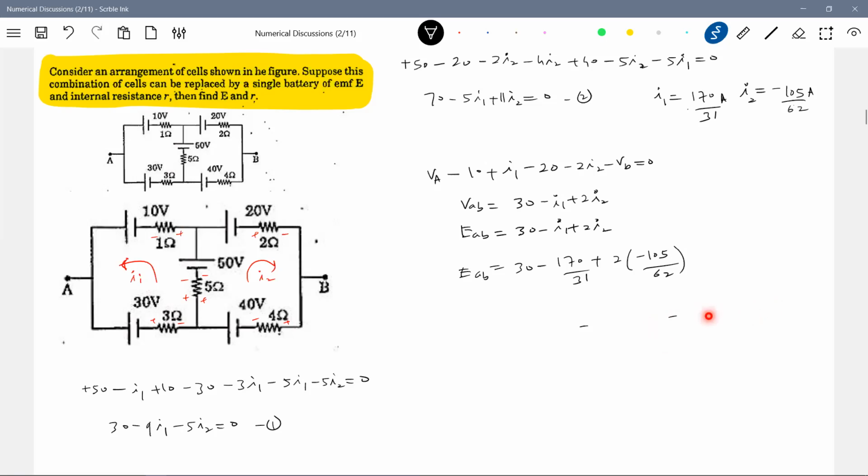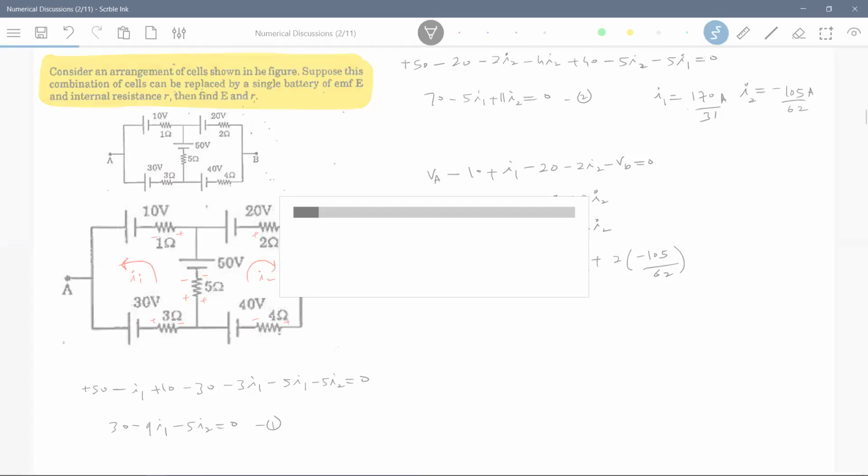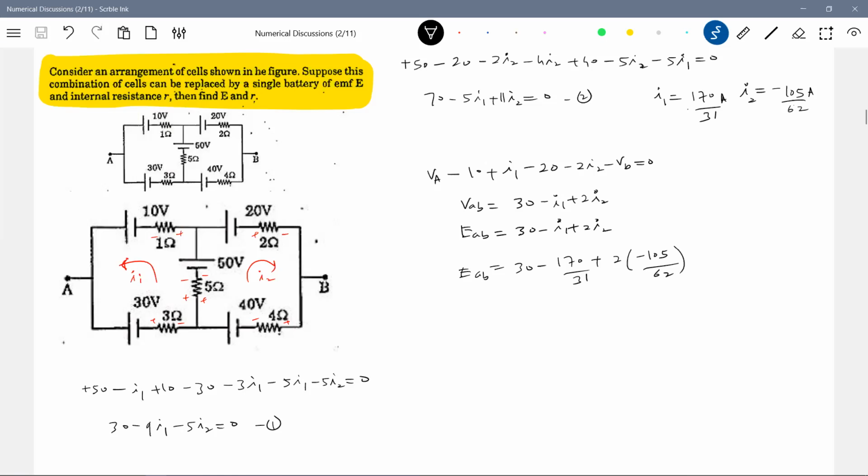Okay, somehow we are able to manage. How to find the internal resistance? I think I explained this also in class. So what we do is, where all cells are there, replace them with a short circuit. Then find out the effective resistance between points A and B. Maybe some easy values will be there, calculations you can do.